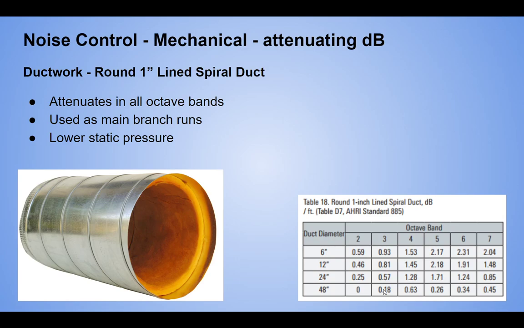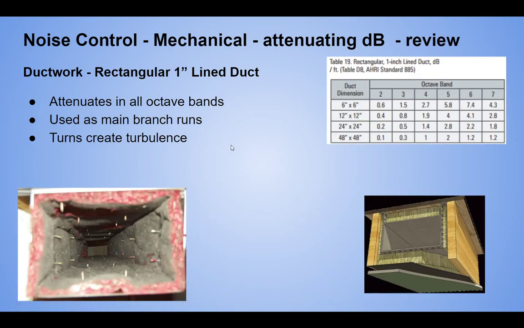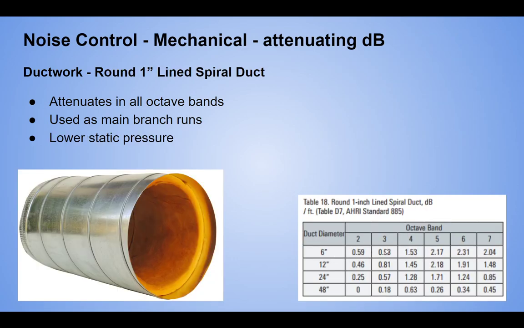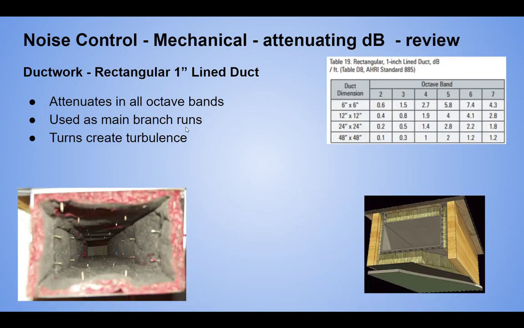So if you have an issue, this is why changing the profile of the fan to have more mid frequency and high frequency sound power, you can deal with it easier with these ducts. Used as main branch ducts and low static pressure. Now remember, for a 6-inch, we're at 231, 204 up in the upper frequencies.